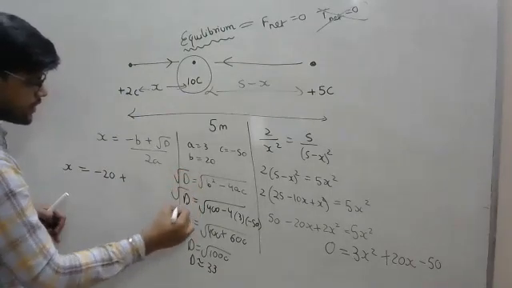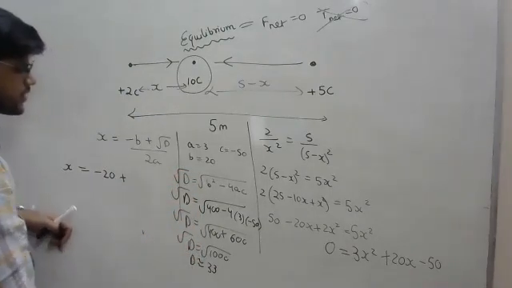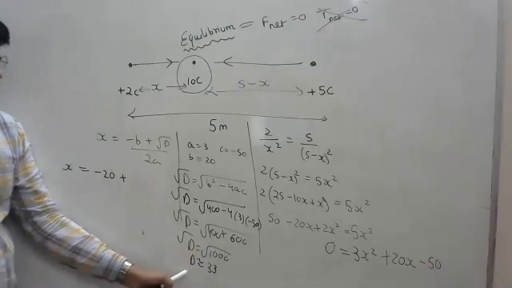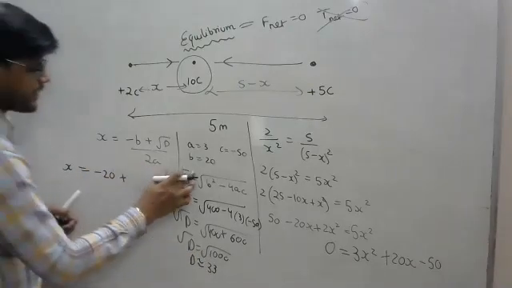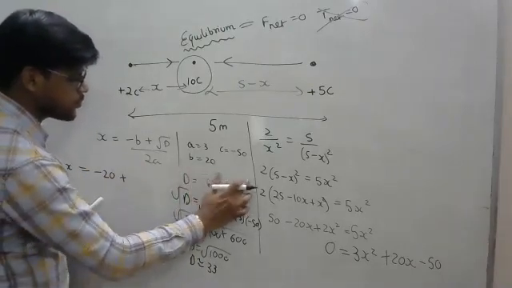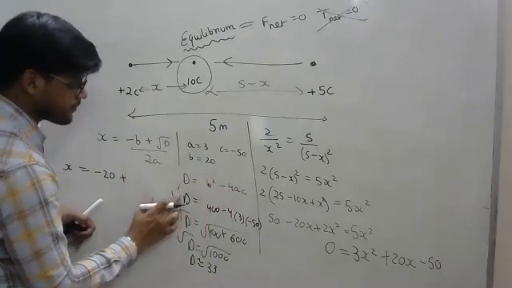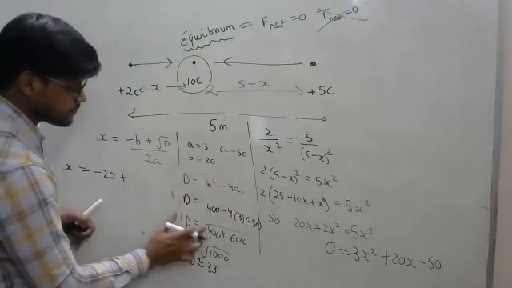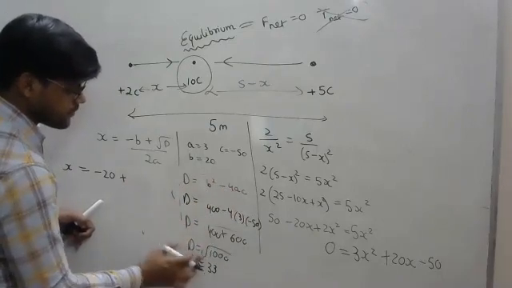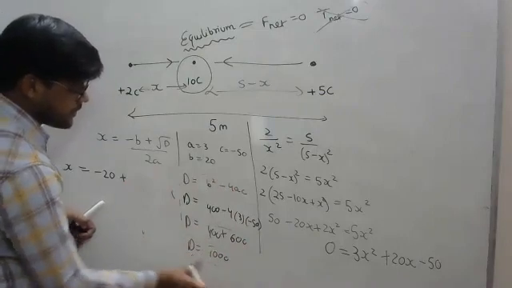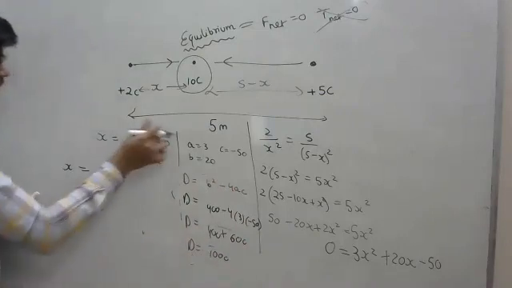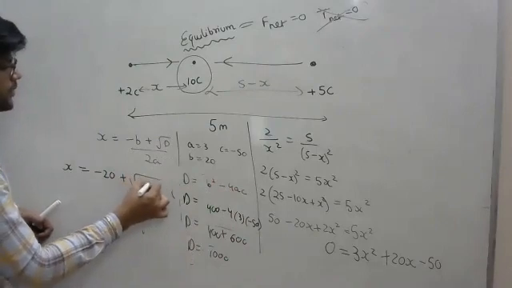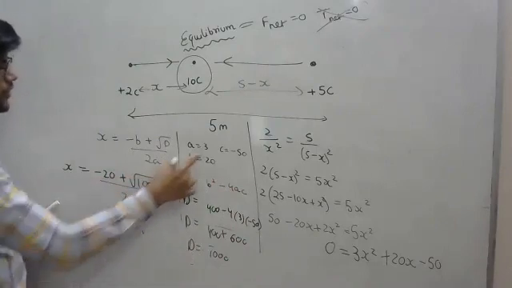This is under root D, so it is under root 1000. Actually, in the formula D is 1000, and when I substitute it here, it will be under root 1000 upon 2 into a.